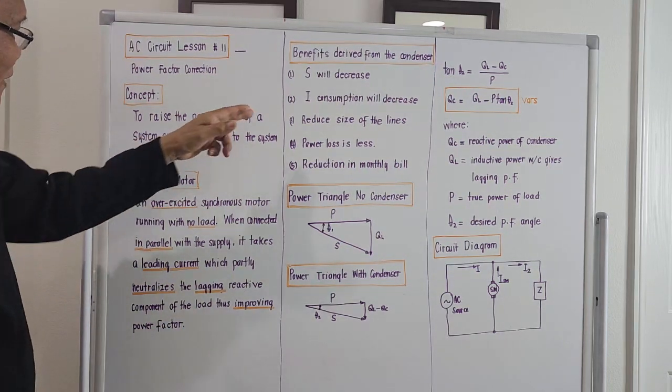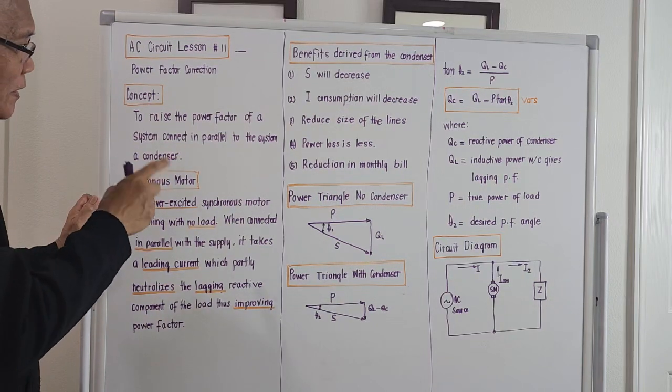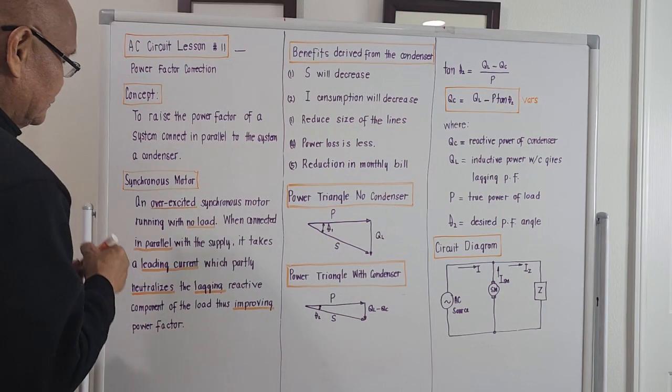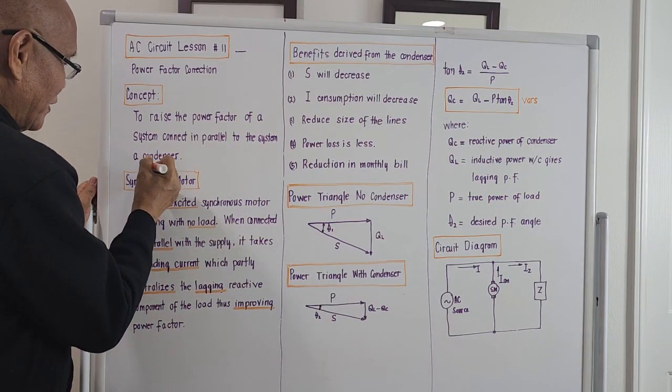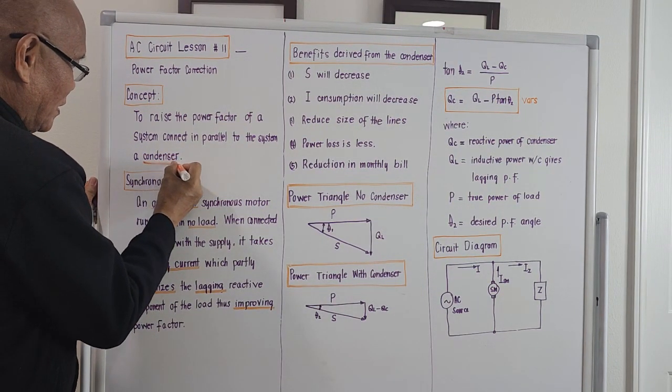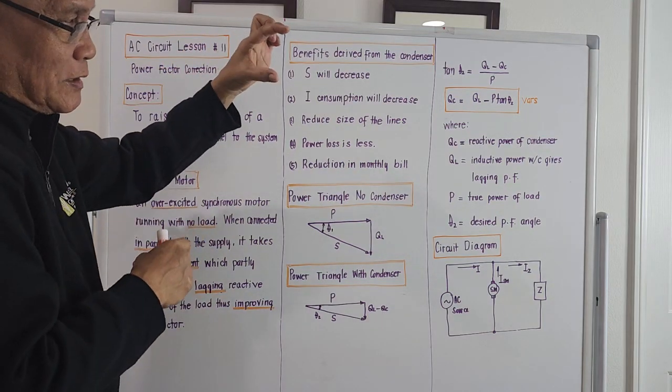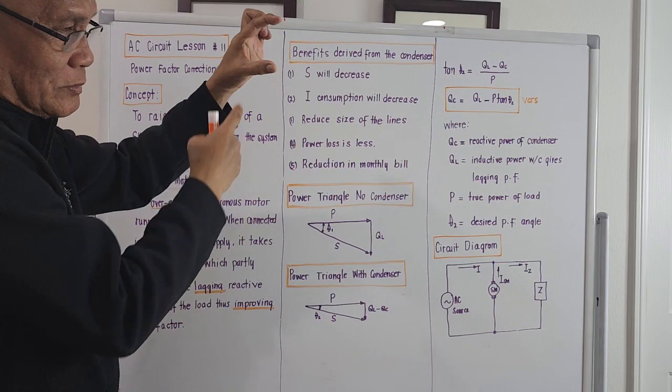To raise the power factor of the system, connect in parallel to the system a condenser. System meaning the lines coming from the utility lines, it should be line number 1 and number 2.